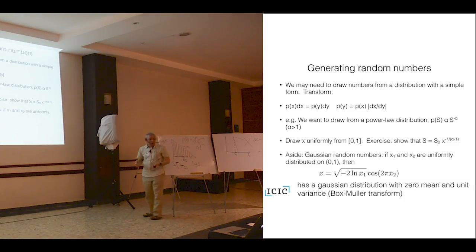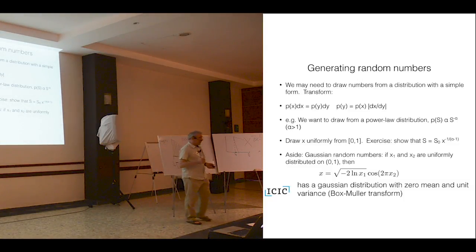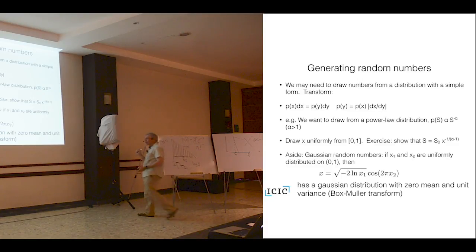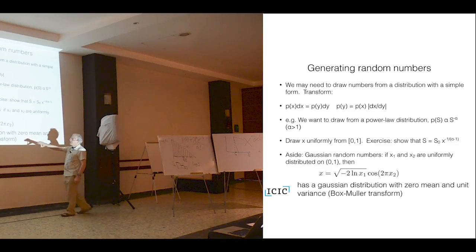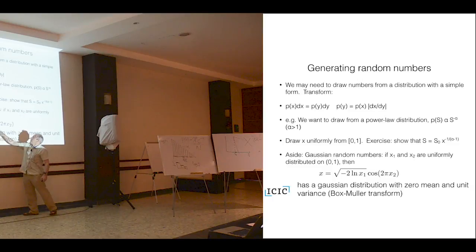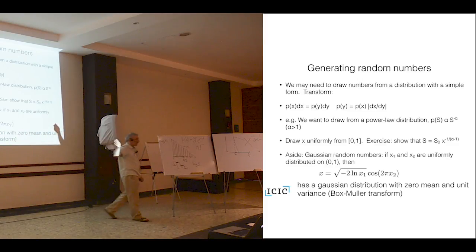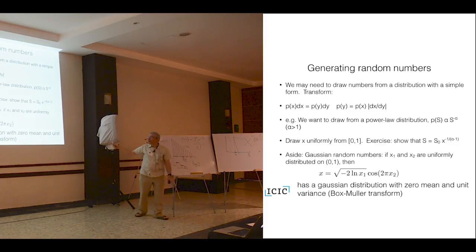Just as an aside, you can't use this trick to generate Gaussian random numbers, but there is another trick due to Box and Muller, where if you draw two random numbers from 0 to 1, x1 and x2, then if you construct this quantity, the distribution of this quantity is a Gaussian distribution with zero mean and unit variance.